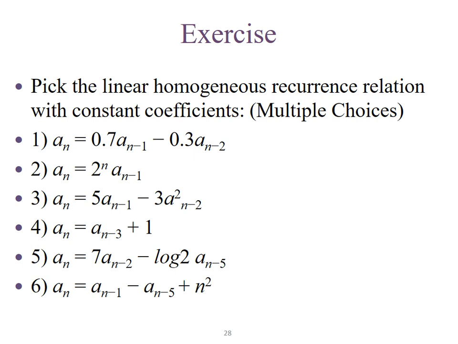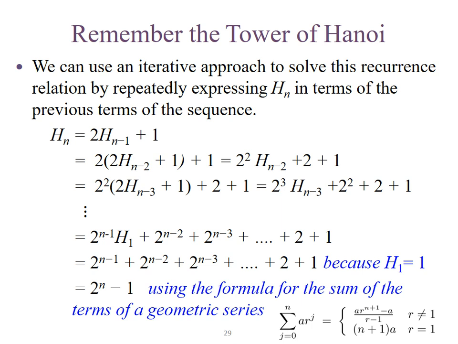Alright, now we have seen a lot of different examples of linear homogeneous recurrence relations. Now we want to discover the closed form formula for the nth term. Remember in section 8.1, we had the example of Tower of Hanoi. Once we have this recurrence relation, with plus 1 here, how do we discover the final solution?